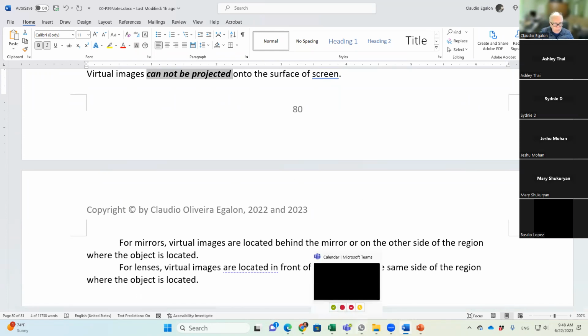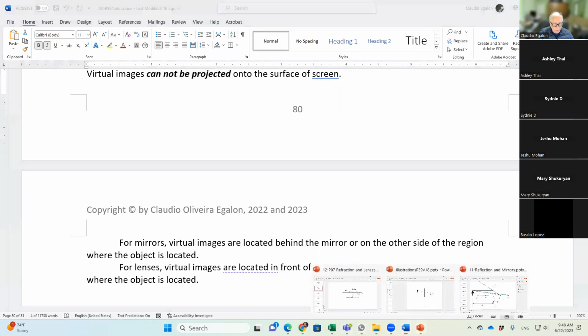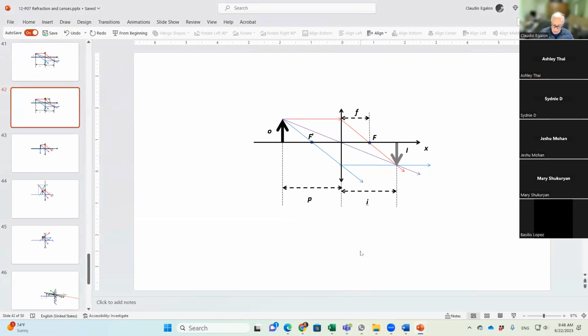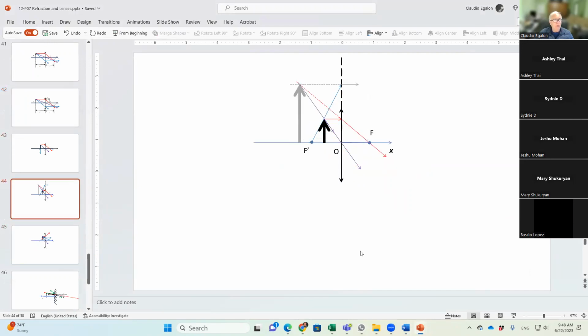So let me show you the illustration here. Here's a virtual image. Notice that for the lens, the virtual image is on the same side as the object with respect to the lens.